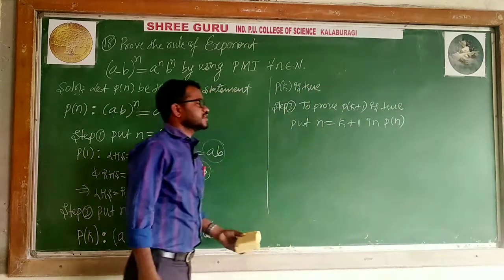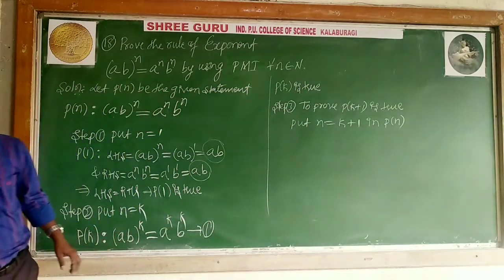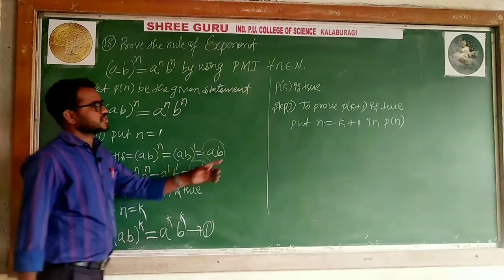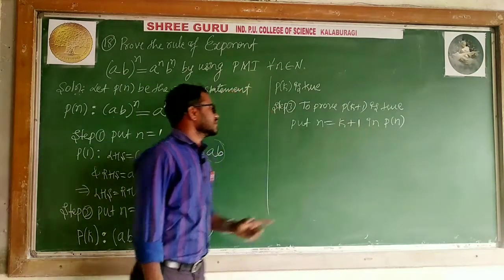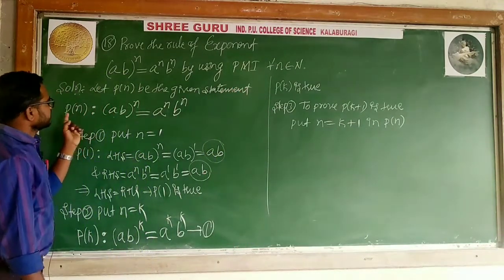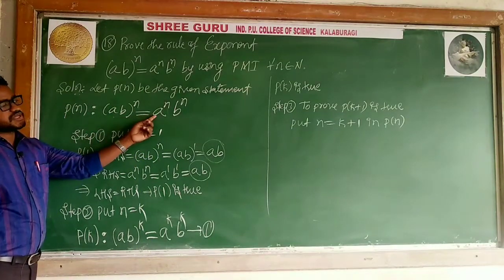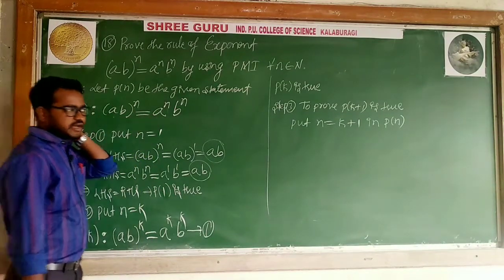P of n is this: AB whole to the power n is equal to A to the power n. Now what do we have?